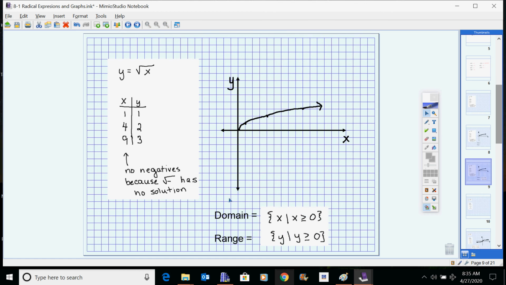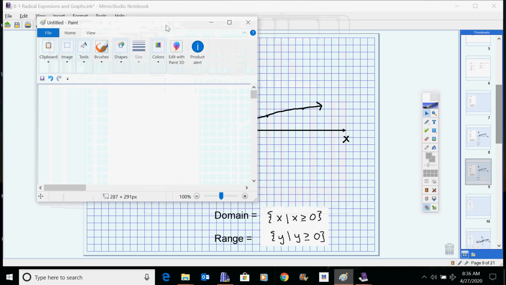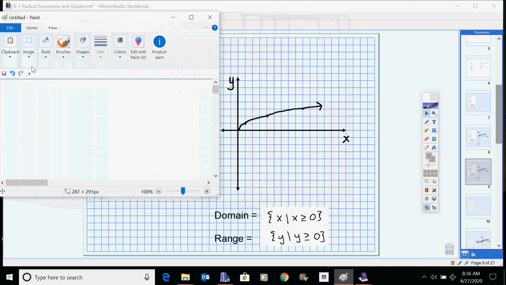Now there's two different notations for that. Here's our set builder notation. All x such that x is greater than or equal to 0. All y such that y is greater than or equal to 0. But you should know that we also have this other notation.